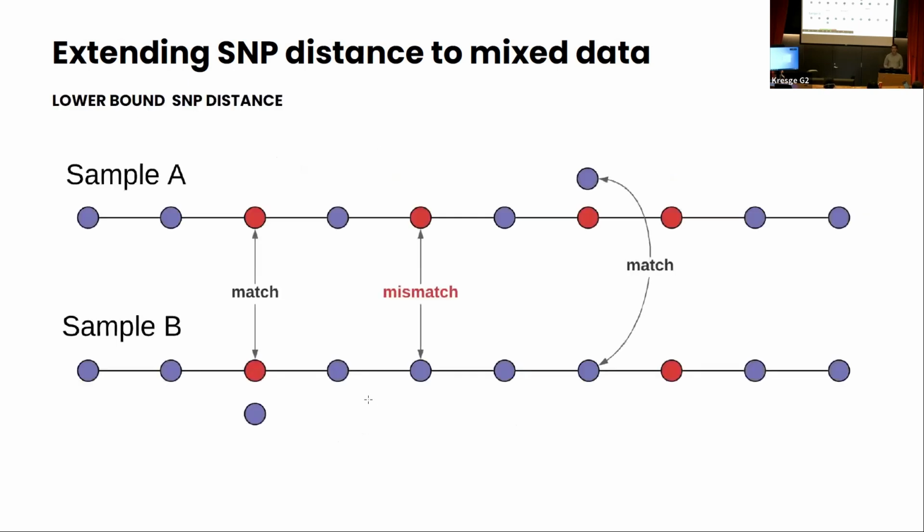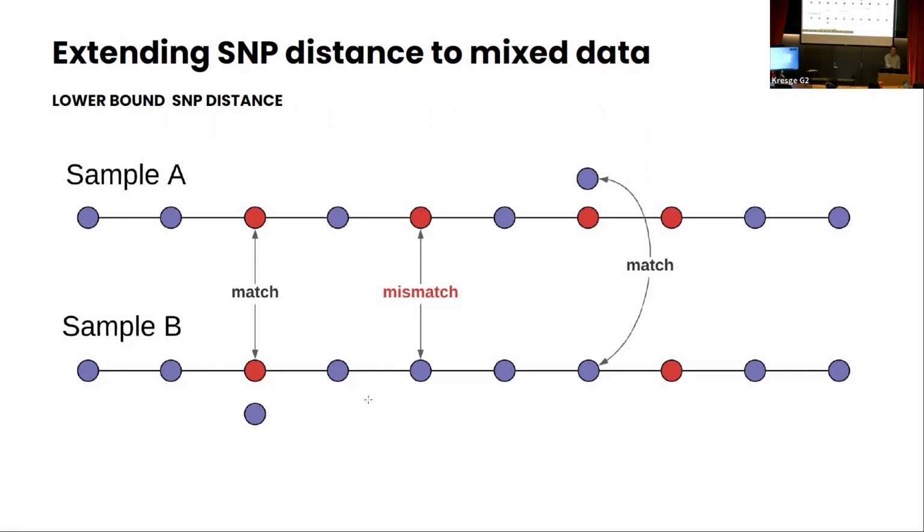To extend this to mixed samples, we wanted a lower bound. So we wanted to still be able to exclude the possibility of transmission using our method. But this, again, doesn't say whether someone definitely did directly transmit to someone. It just excludes the possibility that two genomes were separated by transmission. And so the way we went about this is, rather than just looking at the majority variant, we only counted mismatches if there was no common allele at that site.